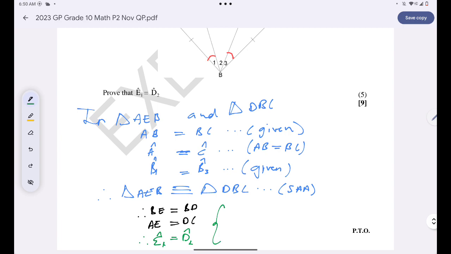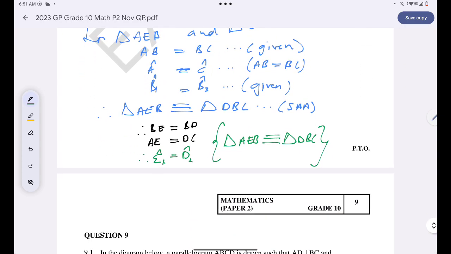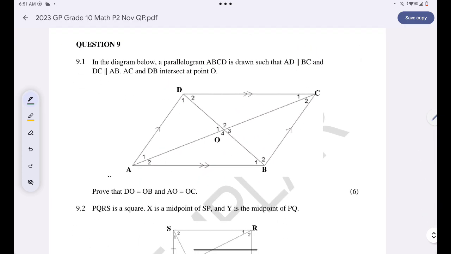All these three things are true. Why? Because I've shown that triangle AEB is congruent to triangle DBC. Are you together? So that's how you're going to answer that question.